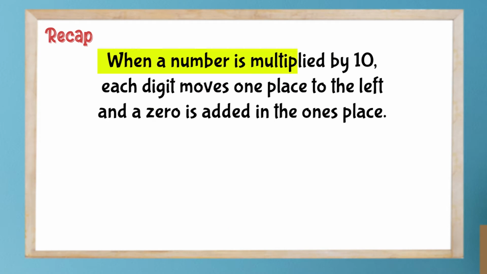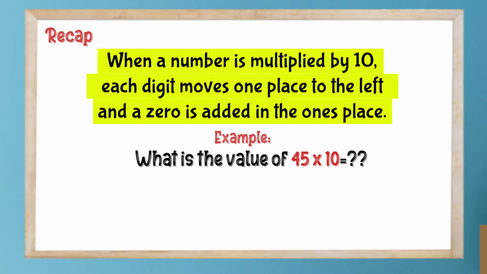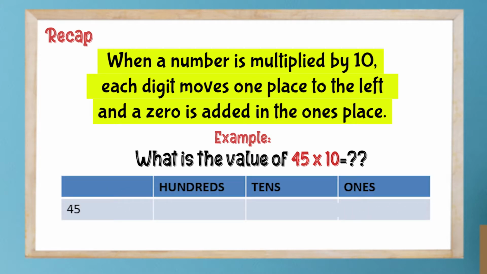When a number is multiplied by 10, each digit moves one place to the left and a 0 is added to the ones place. Example, what is the value of 45 times 10? Let's look at our notation chart. We know that 45 equals 4 tens, 5 ones.